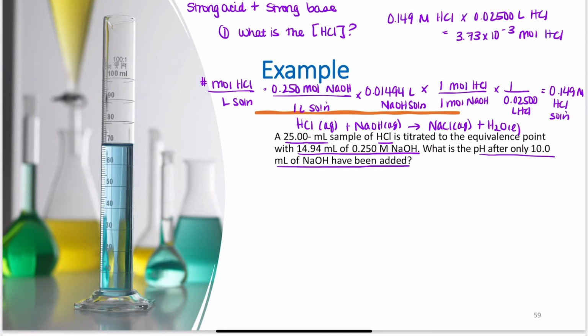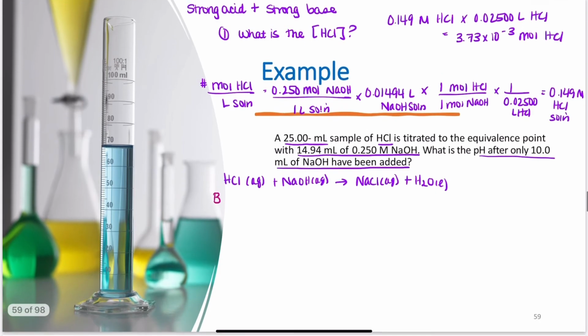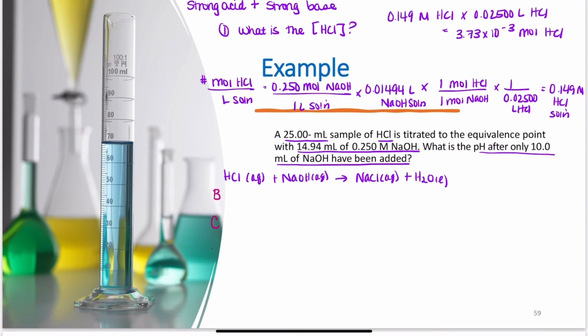I need to set up a BCA table because I do have a neutralization reaction going here. So I'm going to copy this equation down for my BCA chart. I'm starting with 3.73 times 10 to the minus 3rd moles of HCl.